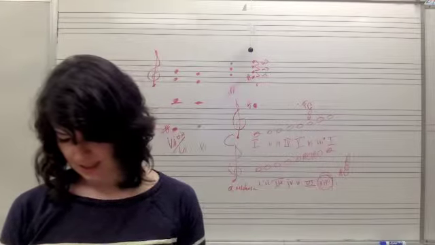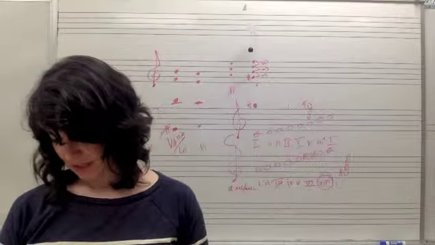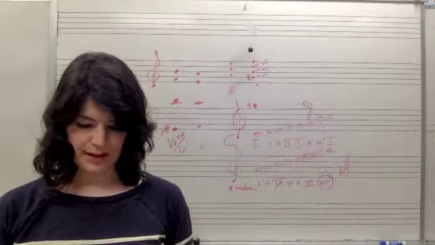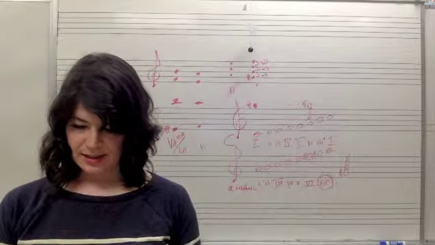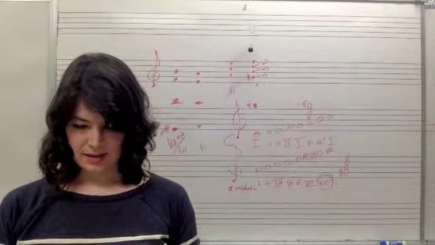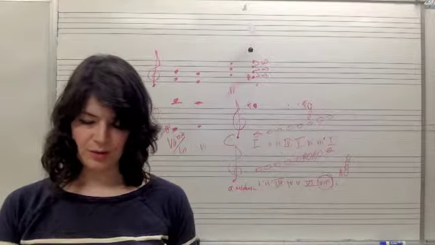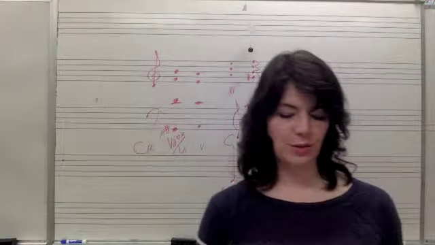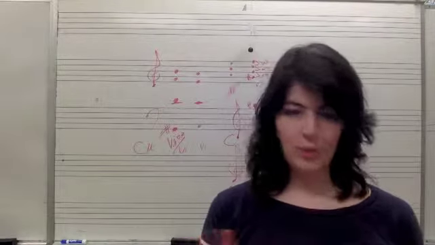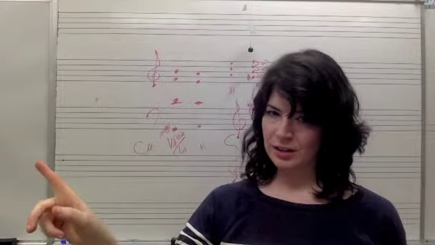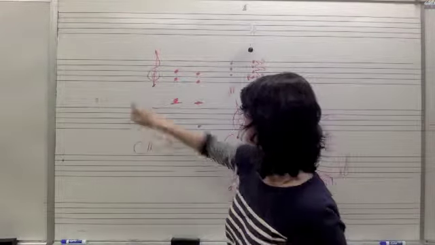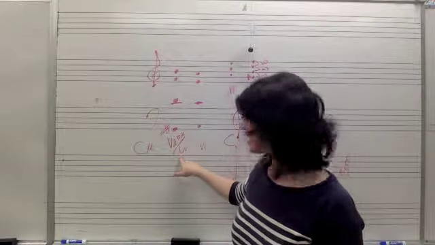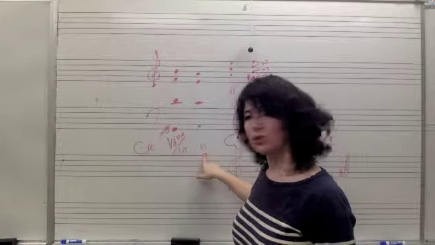Let's see if I'm missing anything at all. Also same thing goes. These secondary leading tones, when they resolve, are going to resolve to their tonicization. So again, like we showed here, it's going to be 7 of 6, and then it's going to go to 6.